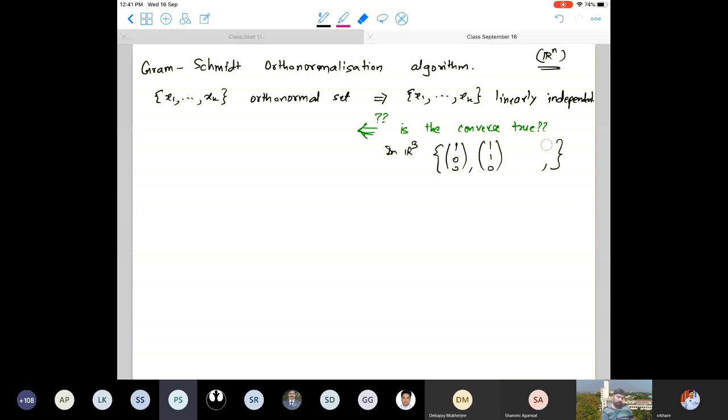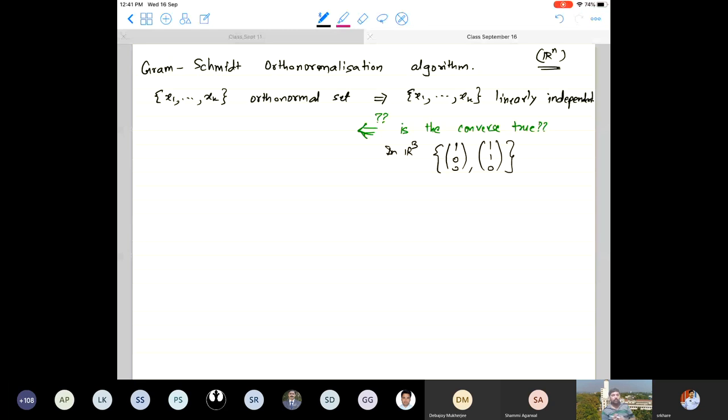So what I'll do is restrict myself only to this set: 1 0 0, 1 1 0. This set is linearly independent in R3, but it is not orthonormal. In fact, the vectors are also not orthogonal to each other.